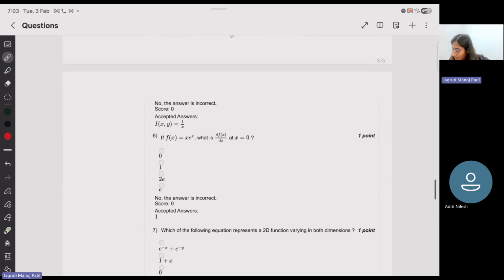Then this one. Can you do it for this one? Tell me what its differentiation would be. So it is product rule here. Can you do f dash of x? Tell me what it would be. So, ma'am, first we'll keep x constant and differentiate e power x, which is x into e.